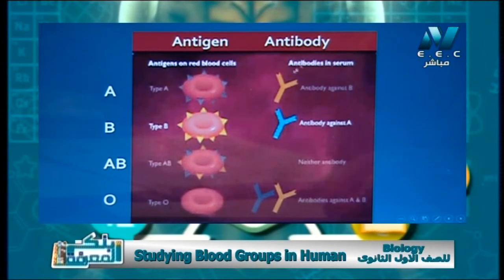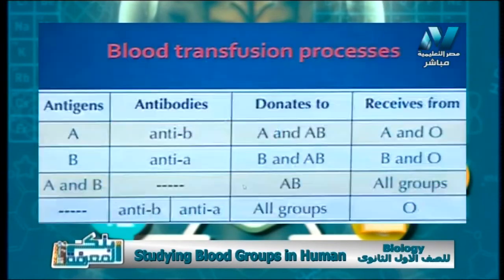Blood group A has antibodies against B, blood group B has antibodies against A, and the blood group AB has no antibodies against any of them, and the blood group O has antibodies against A and B. And this table shows how we can carry out the blood transfusion.